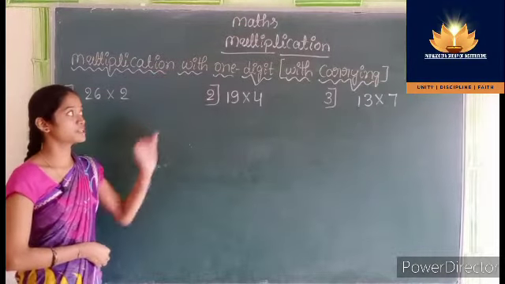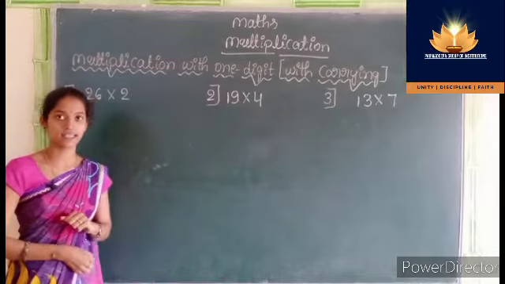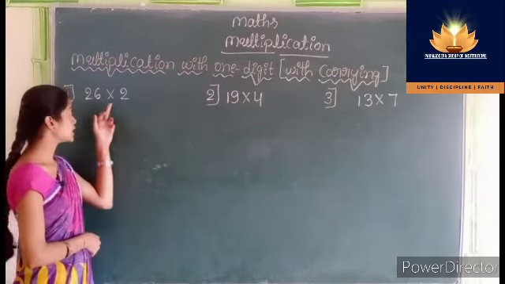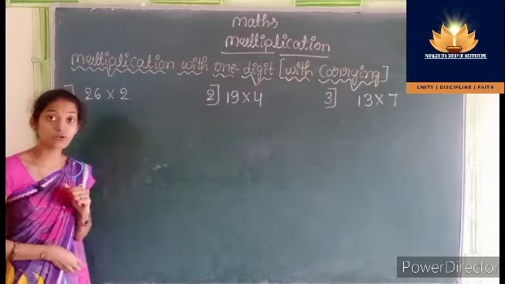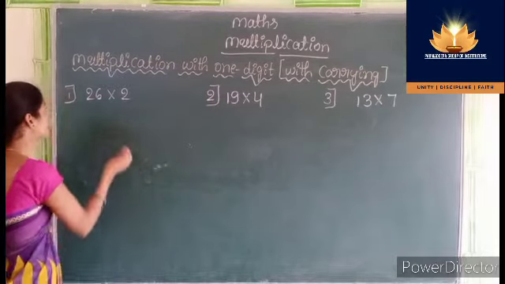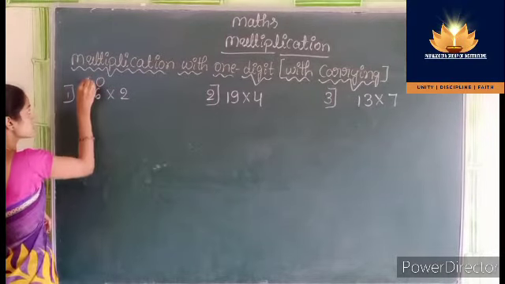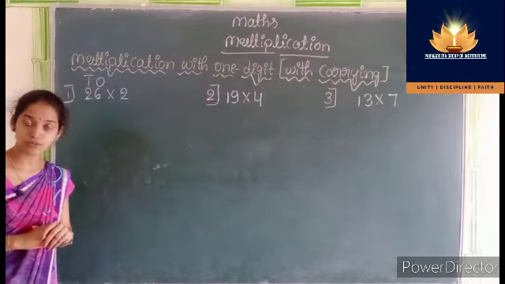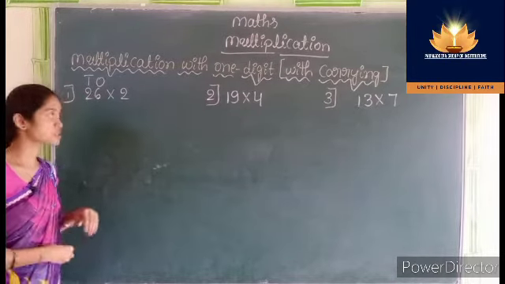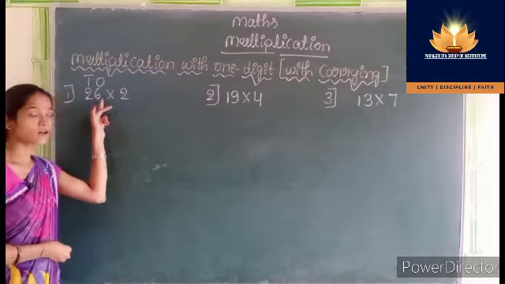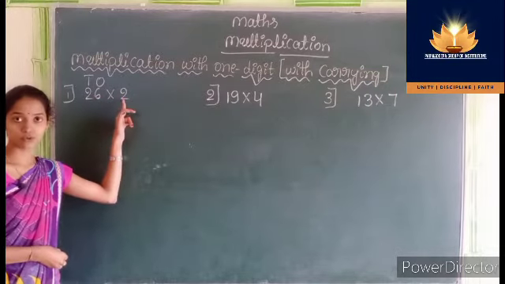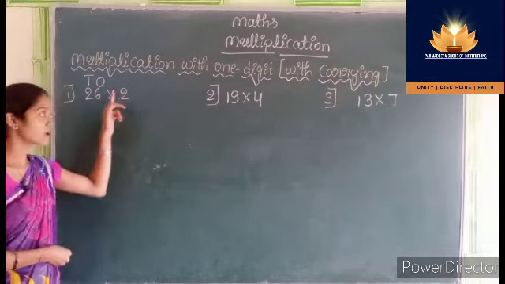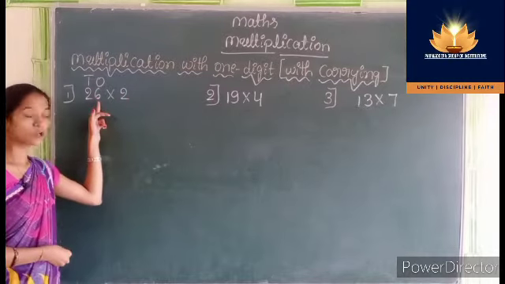Multiplication with one digit with carrying. 26 into 2 is equal to how much? In 26 this is ones place and this is tens place. First we have to multiply the number which is in ones place with this 2. In ones place we have 6.